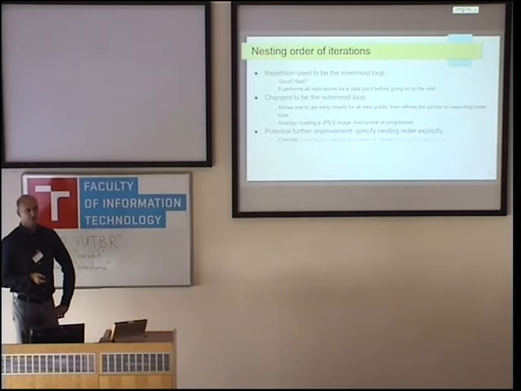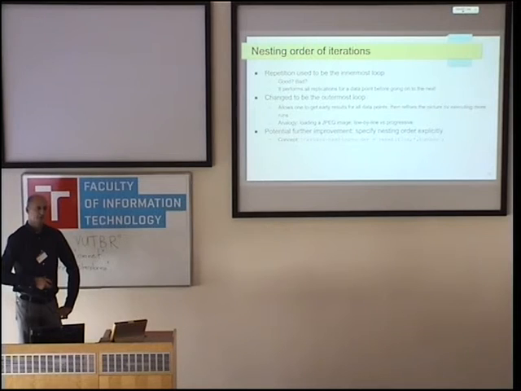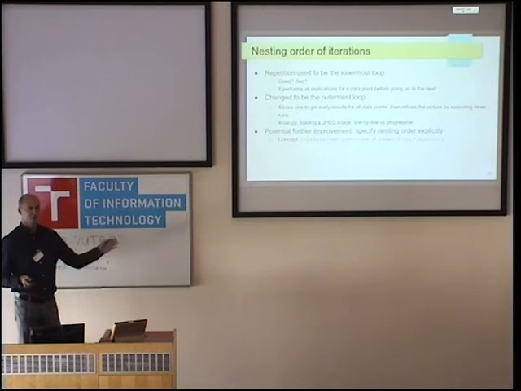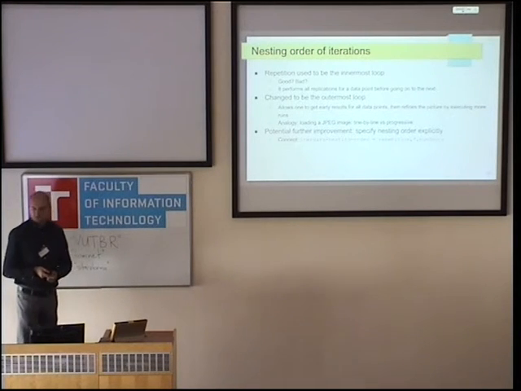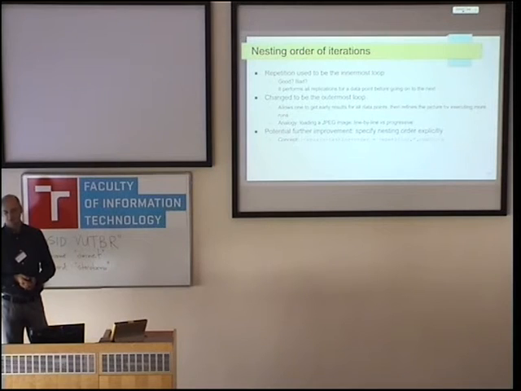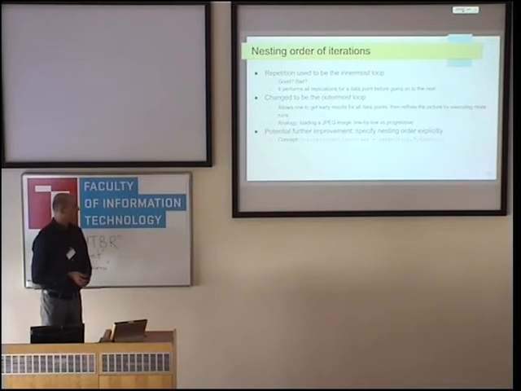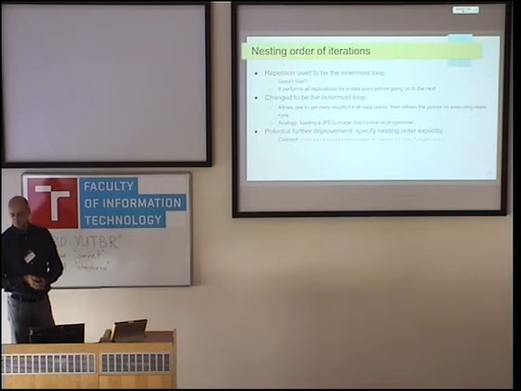So when you execute all runs of a configuration, then it would take an iteration variable configuration and then do all 10 repetitions or whatever number of repetitions you want. And this is sometimes good, sometimes bad, but it's usually rather bad. So for now we changed the repetition counter to be the outermost loop, and we are planning on making the nesting order configurable.